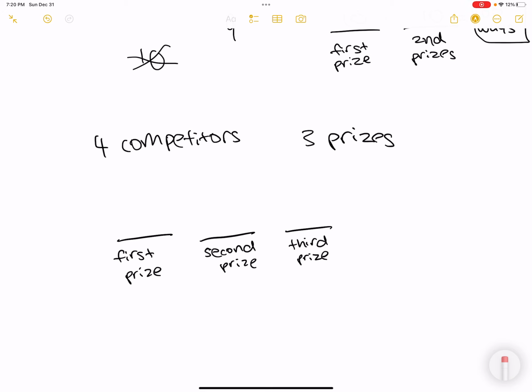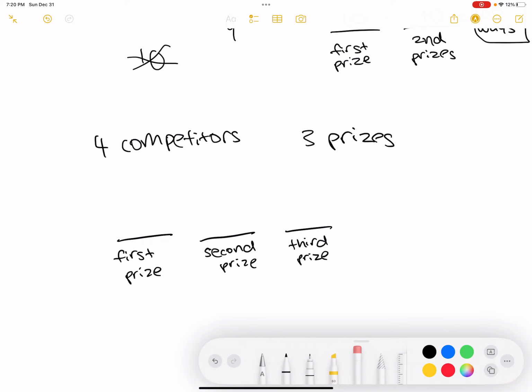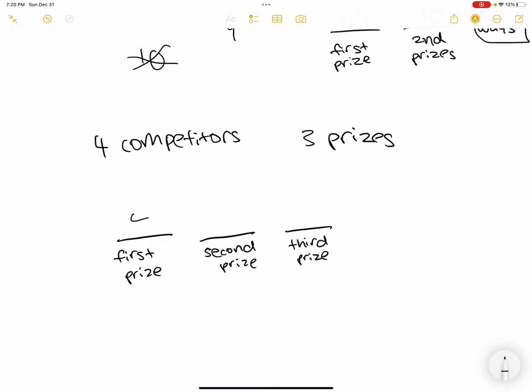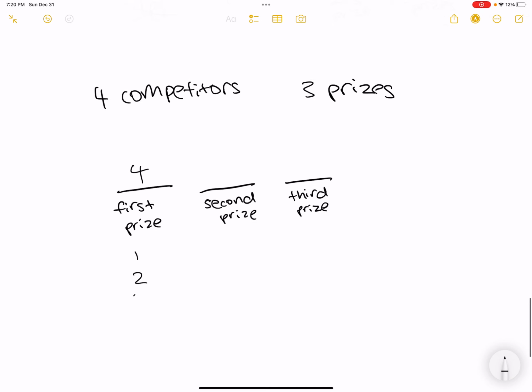But once one of the 4 gets the first prize, that leads there to only be 3 people to get the second prize. And if there are only 3 people who can get the second prize and one of them wins the second prize, that leads there to be only 2 people who can get the third prize.